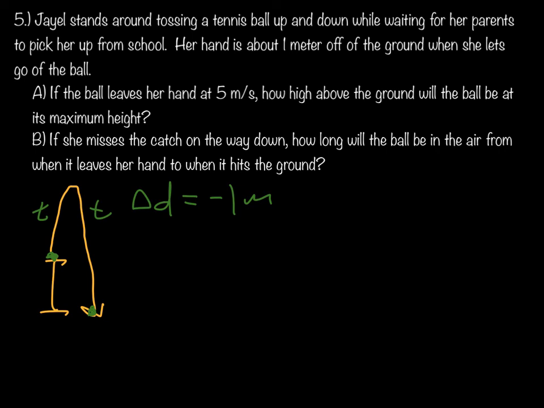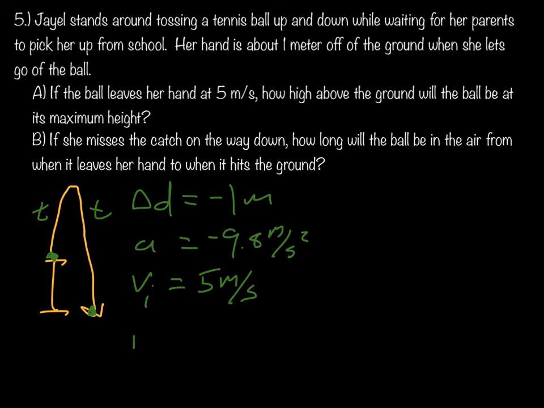And we know that my acceleration is a negative 9.8 meters per second squared. And we know that the initial velocity is 5 meters per second up. Now in order to find time, we could either use the big long quadratic equation and use the quadratic formula to solve for time, but that's kind of complicated.